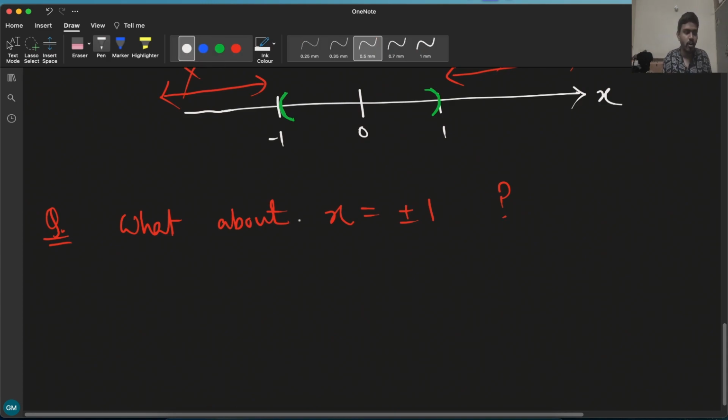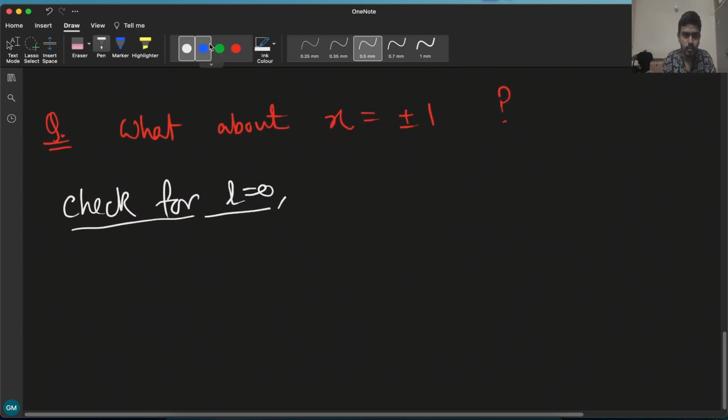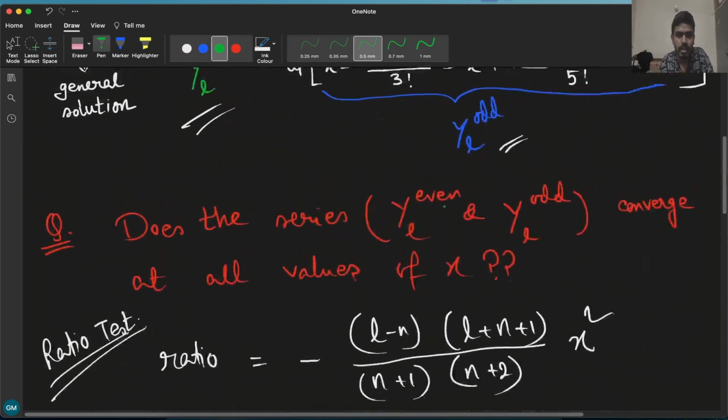Okay, let me check for L equals to 0, right? And I will consider the even series and odd series separately. I will test the convergence of them. I will talk about the convergence of this odd series and even series separately. Okay, so let me first look at this even series.